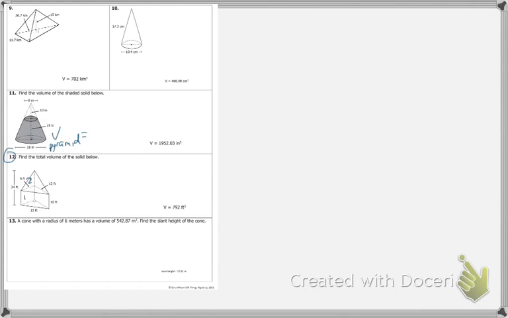The equation for that is 1/3 B, where B is the base area, times the height, and this is the height of the pyramid.